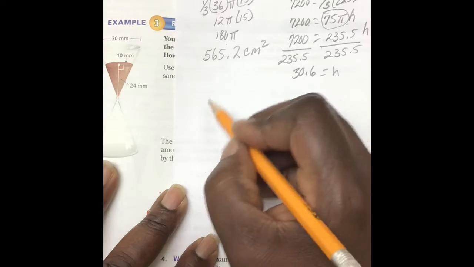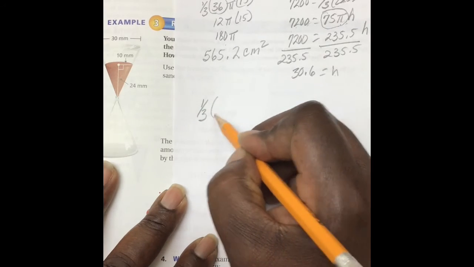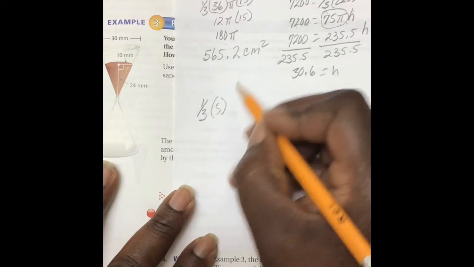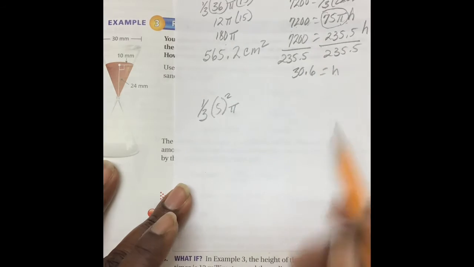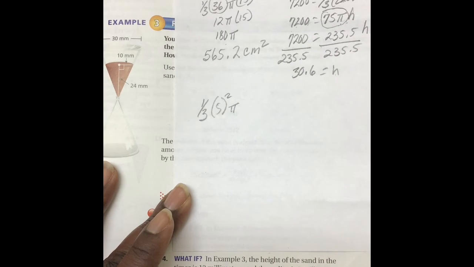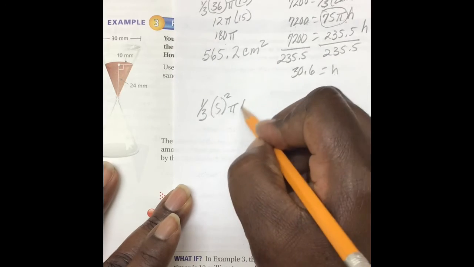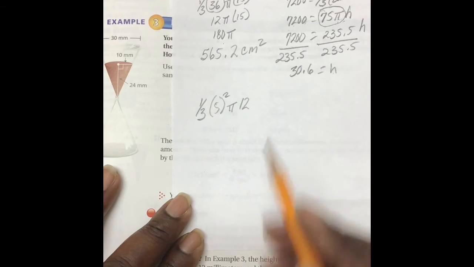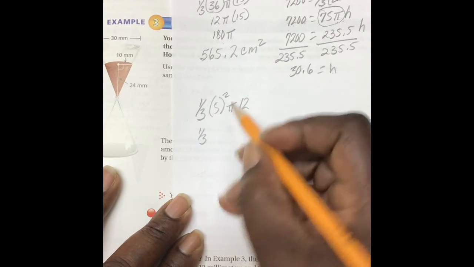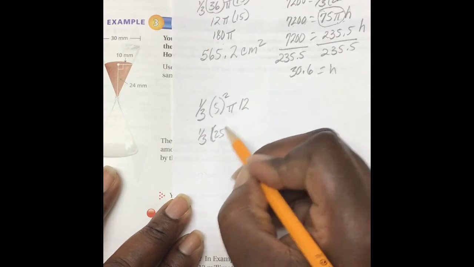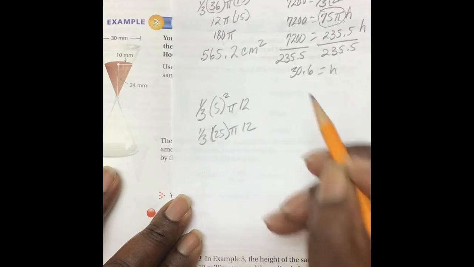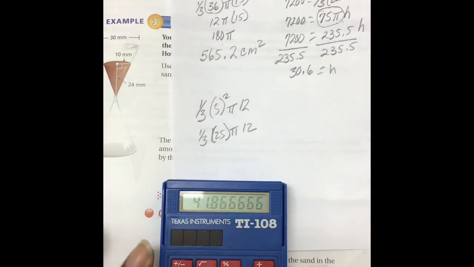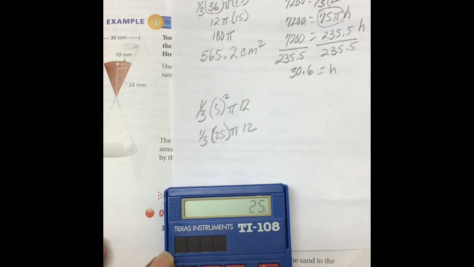So our formula says 1/3, and we have 5 squared pi, and it says our height is 12, okay? All right, so then we would go through the process, and we have 1/3, and this is 25 pi times 12.